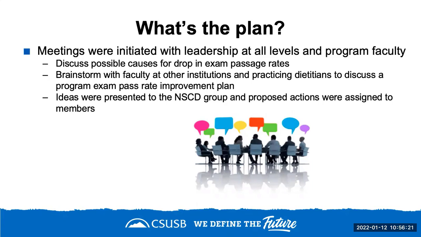We brainstormed with faculty, not only within our institution and within the program, but at other institutions, as well as practicing dietitians to discuss a program exam pass rate improvement plan. What are their thoughts? What are their experiences? And pulling those in. Ideas were then presented to the group and proposed actions were assigned to each member. And that's what we're going to share with you on the next slide.